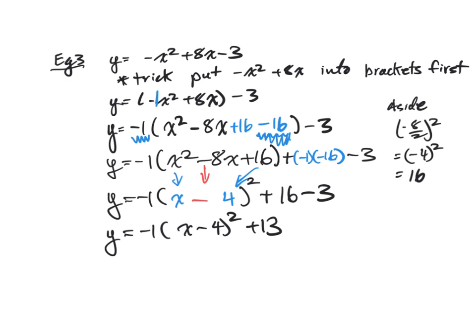Now, a similar thing can be done when we have a number sitting on our x squared term. Let's see how that works. So let's say we have this problem, example 4. y is equal to 2x squared minus 16x minus 3, right?